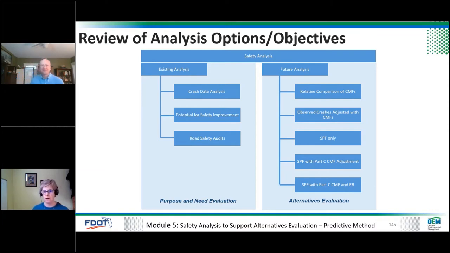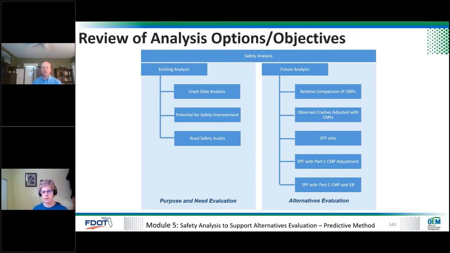We've got various tools. We can use crash modification factors with a relative comparison, where you're just applying CMFs, or we can apply CMFs to observed crashes. As we were just talking about, you could also apply CMFs to a prediction. And then we can use the predictive method: the safety performance function, just use the SPF.